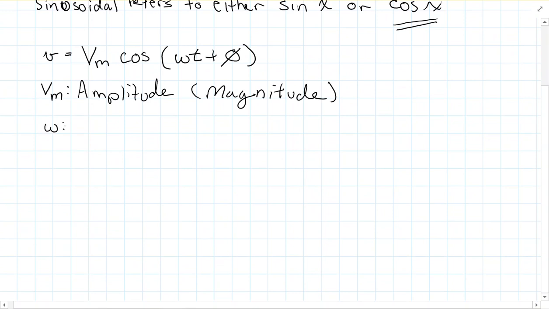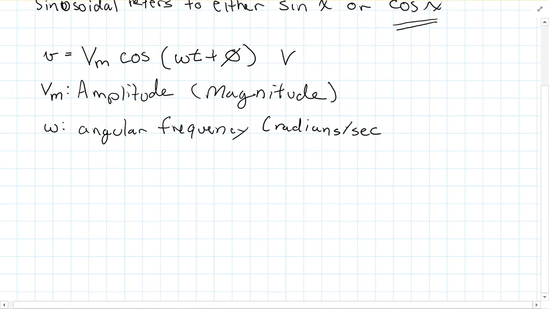Omega here is what we refer to as the angular frequency, and its units are radians per second. For V, the units would be volts, since it's a voltage.